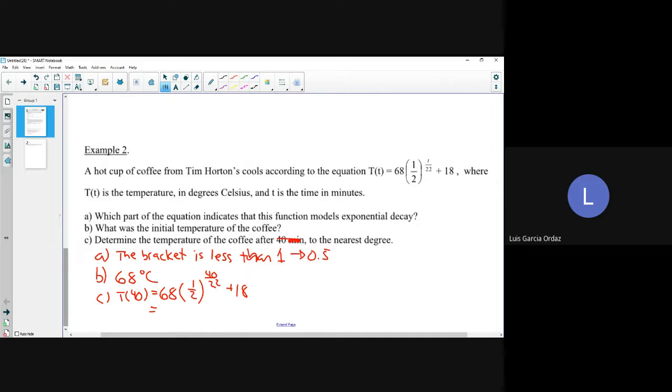That's 0.5 to the power of 1.9. Times 68, and then you add the 18 at the end. So what's the temperature of the coffee after 40 minutes? People online, if you want to type in your answer, feel free to do so. Again, do your exponent first, then multiply by 68, and then add the 18 after.